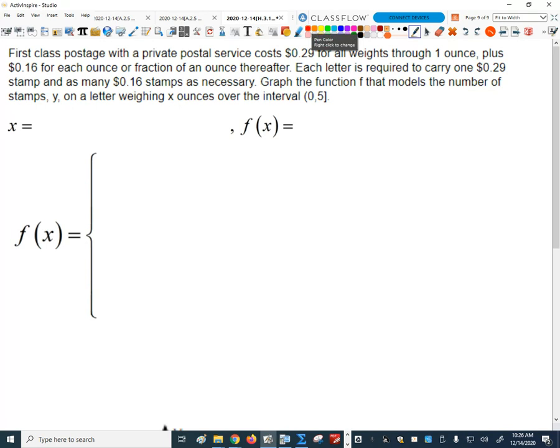I'm going to let you guys maybe do the rest on this one. Well, I'll tell you what, we'll do this. So let's look at this on the interval from 0 to 5. Okay. So we know that when the domain is greater than 0, and x is the weight in ounces, the output is the number of stamps.